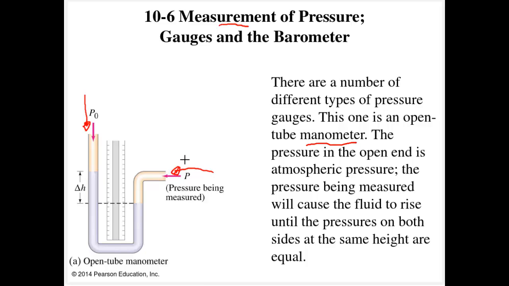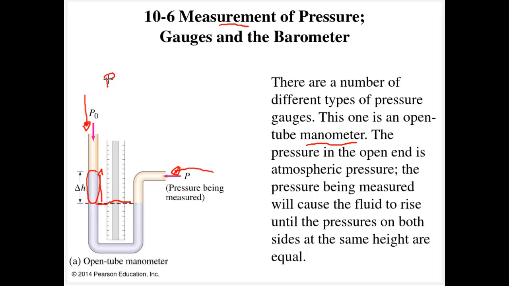What Pascal's law says is that pressure must be distributed equally, so what's going to happen is the liquid is going to rise up until we get some pressure due to the fact that there is a differential in height from the height of this fluid.